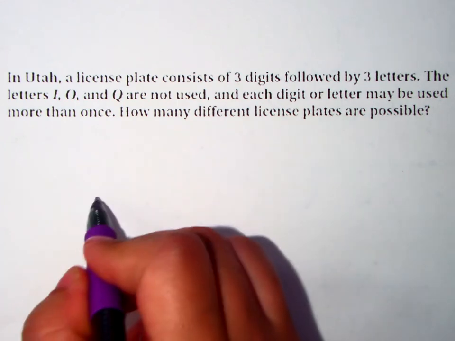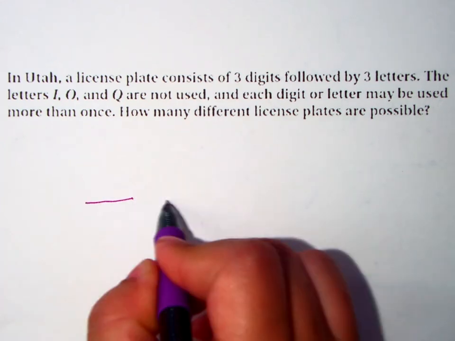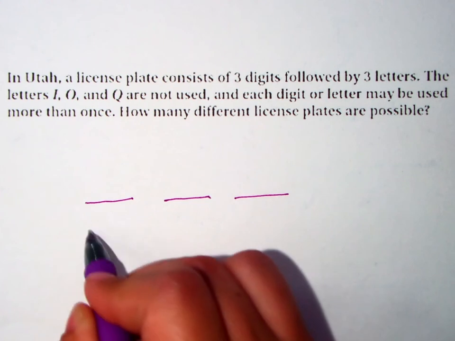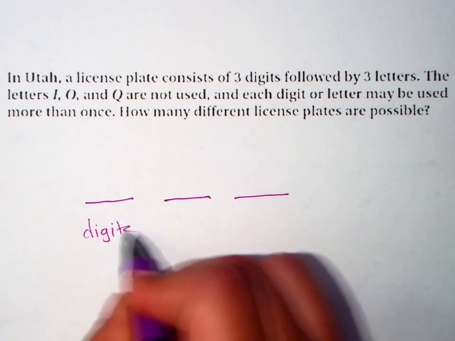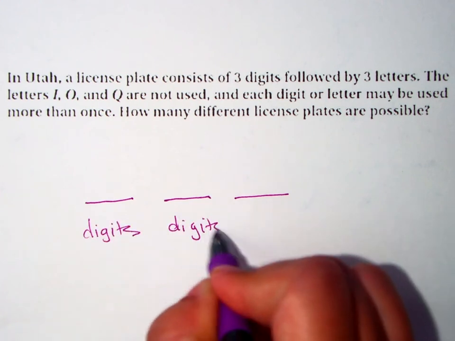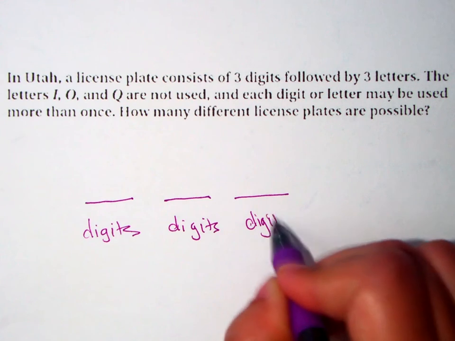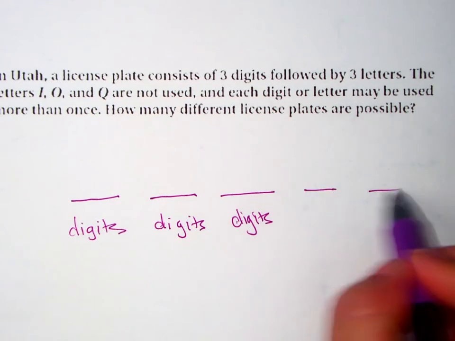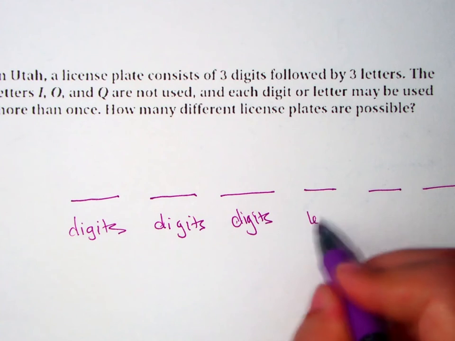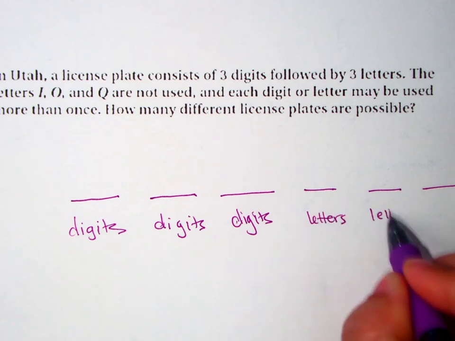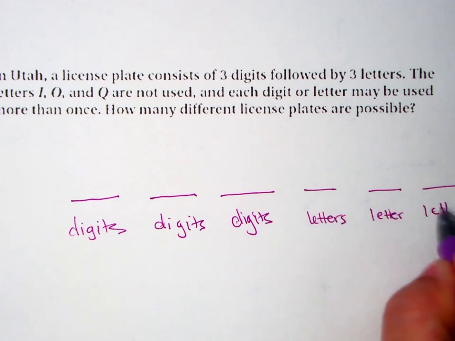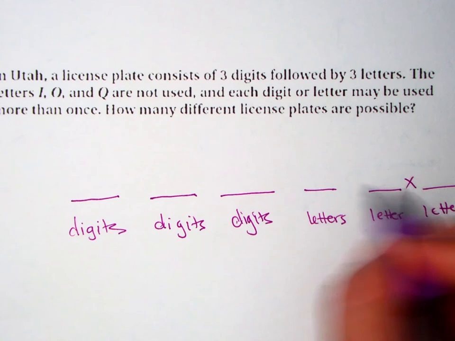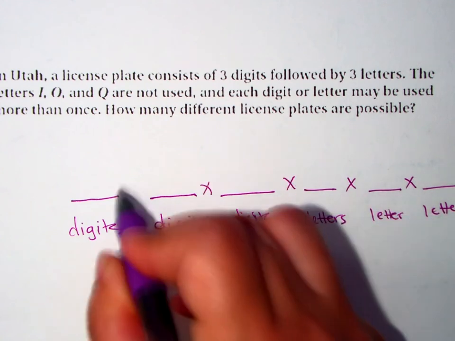Okay, so the license plate has 3 digits. So all of these are digits. Followed by 3 letters. So 1, 2, 3. These are letters. And I know I'm going to be multiplying them all together.